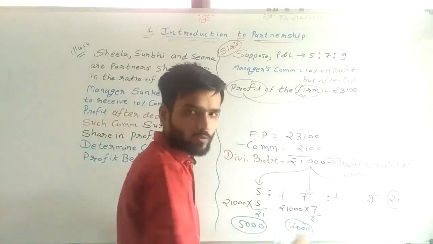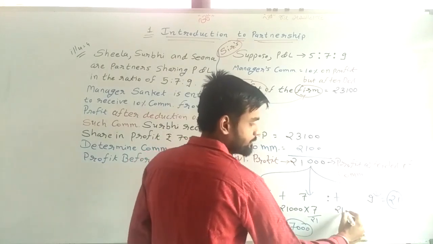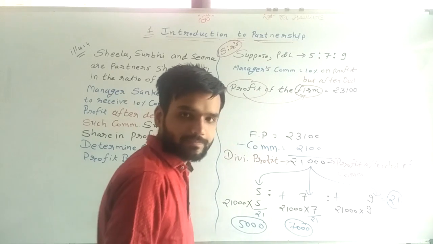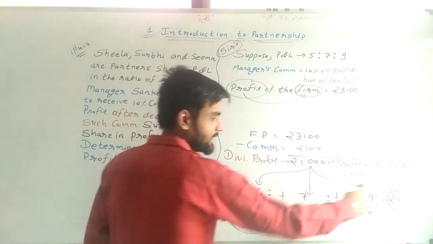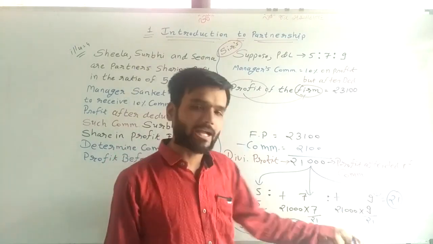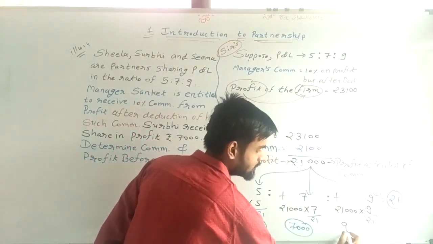And for the last one, again 21,000 we need to distribute. 21,000 into 9, and the total of these 3 is 21. So 21,000 into 9 upon 21, the answer is 9,000 rupees.